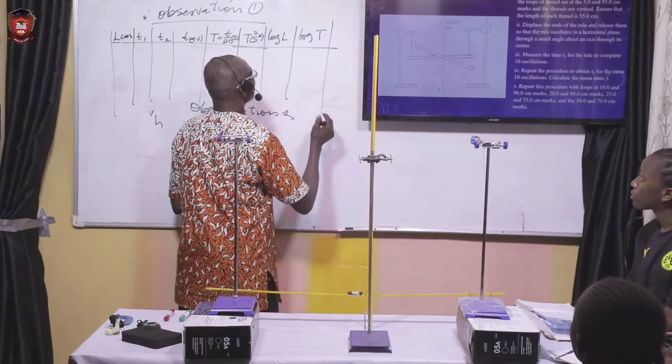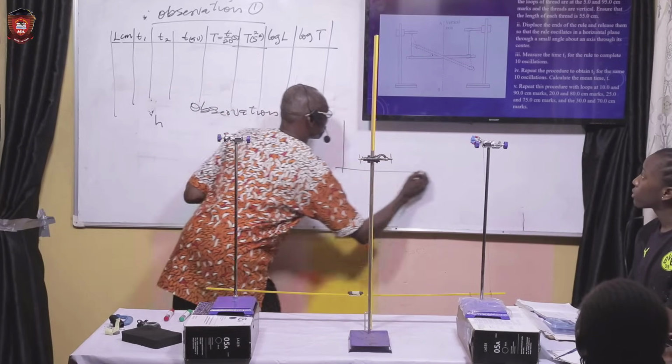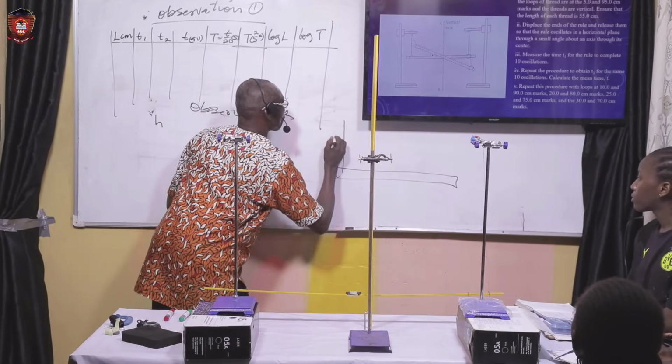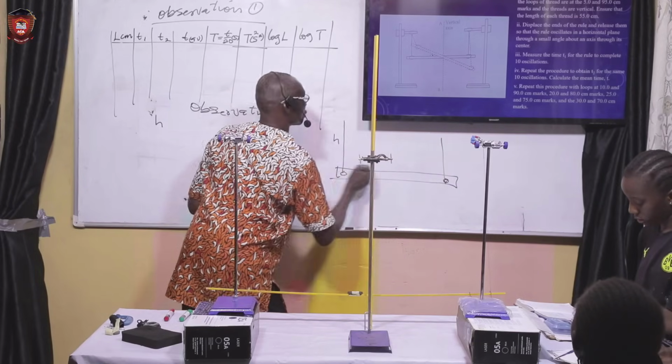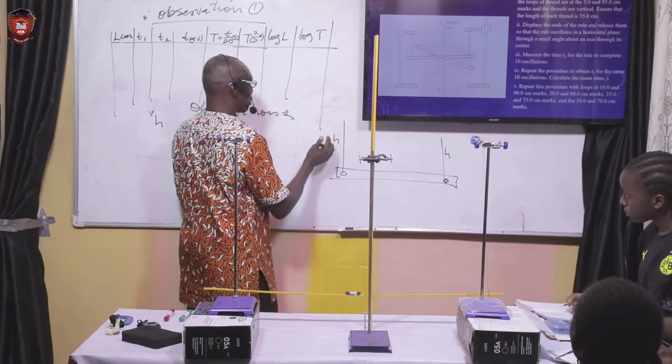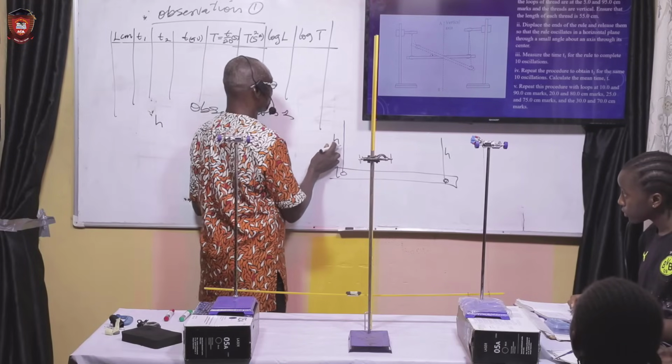So if I represent the same diagram now and represent this meter rule here, this will be h, and this also will be h, and they vary this h. Hence this h is varied.